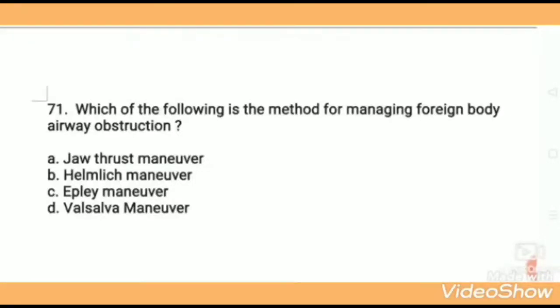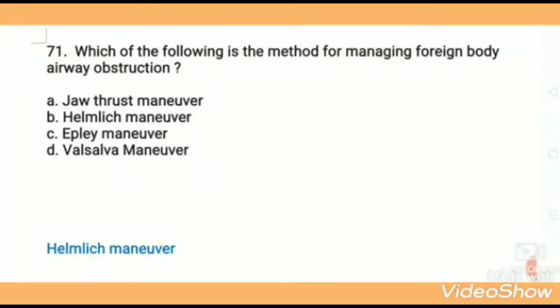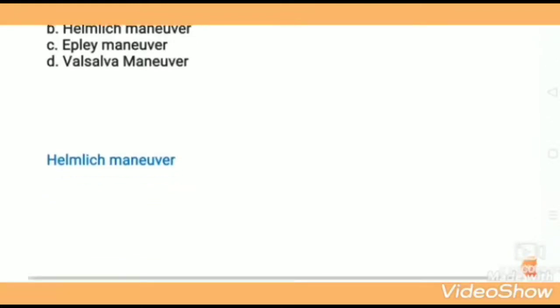So, the correct answer, the method for managing foreign body airway obstruction is Heimlich maneuver. Heimlich maneuver is a first aid procedure for dislodging an obstruction from a person's windpipe, in which a sudden strong pressure is applied on their abdomen between the navel and rib cage. Next question.